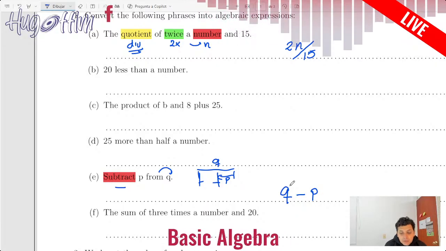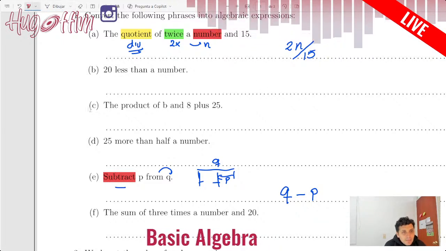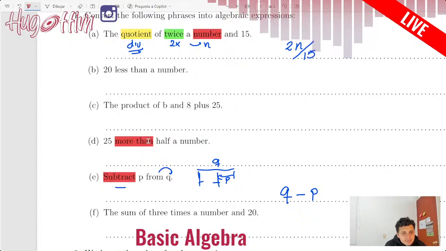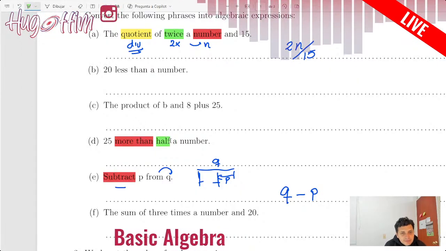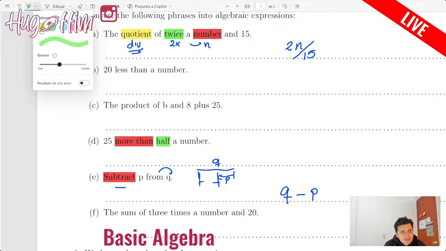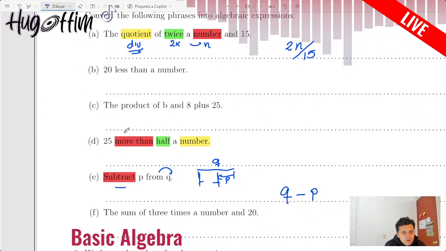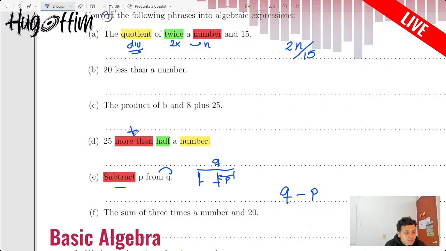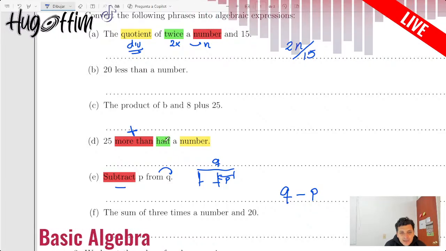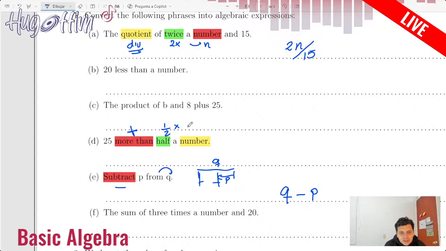For example, we're going to see in D that it says more than, and I have here half, and I have here a number. So in this case, it says 25 more than. It's addition because I'm representing an expression. Half means multiply by 1/2, and the number will be n.